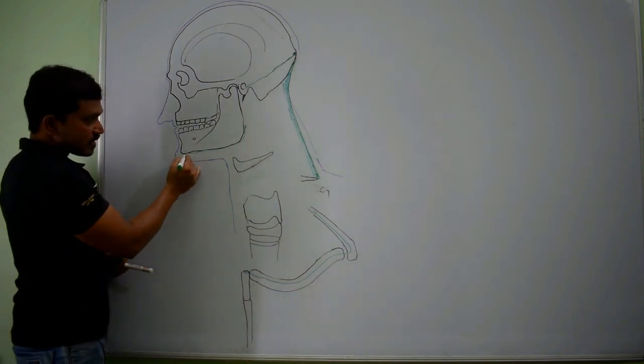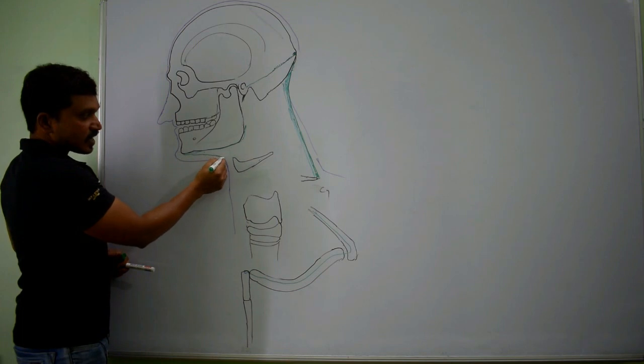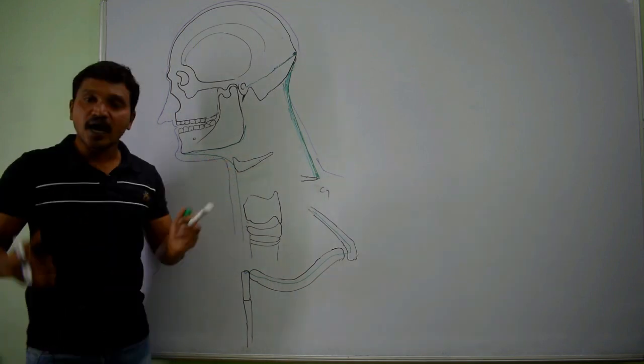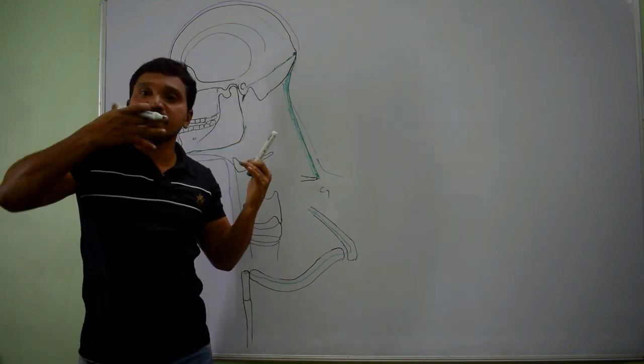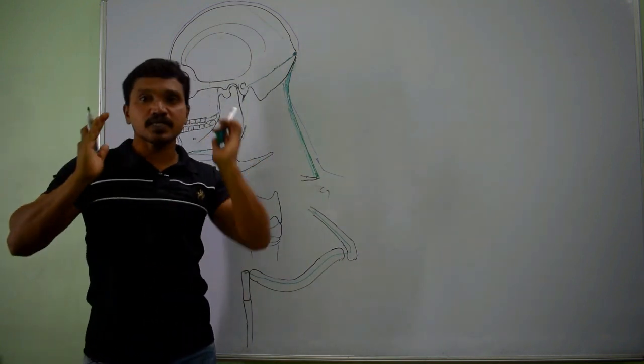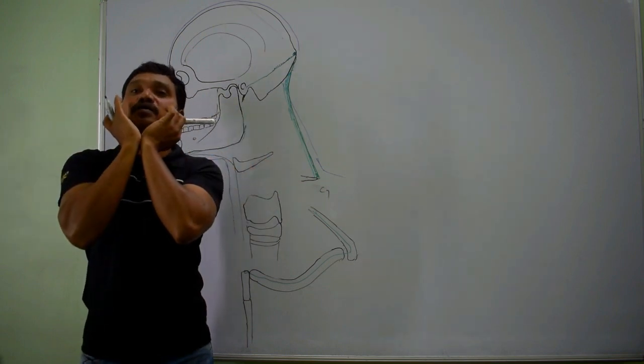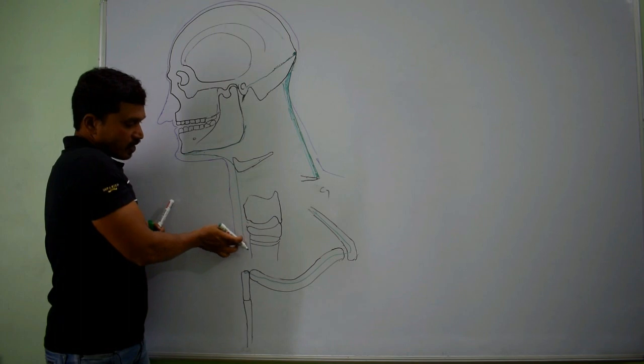Then anteriorly, where does it attach? Anteriorly, it is attaching to the hyoid bone. Then it descends down and it fuses with the opposite side layer. See here, on this side one layer will be there, on this side another layer will be there. These two layers will be fused in the anterior part and that will be attaching to the hyoid bone.